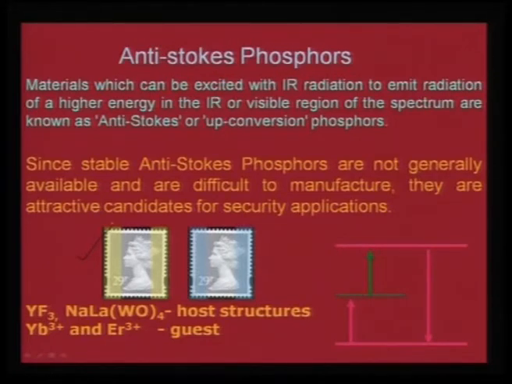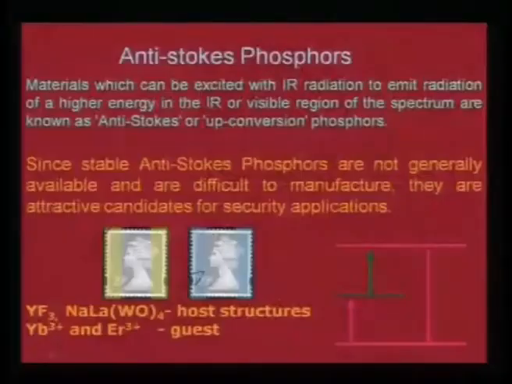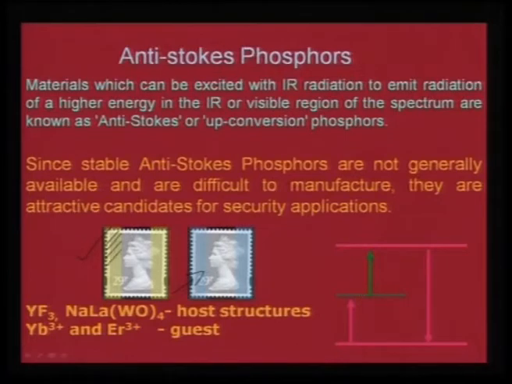So, a person who is trying to dupe may try to put a counterfeit like this, but in the infrared it actually has to glow fully the same. So, these are special phosphors which will take low energy, but will emit in higher energy. So, this is nearly green, which is actually emitting in blue, and these are called 2 photon process or more than 2 photon process.